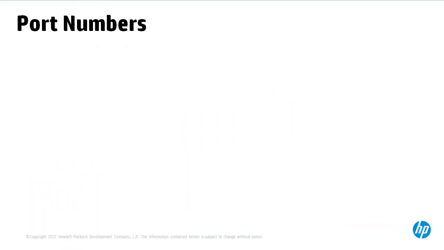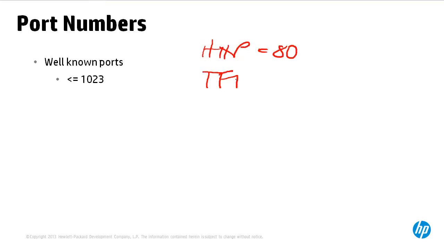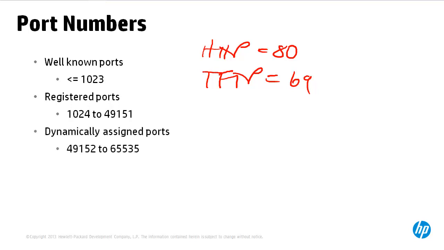There are 3 groupings of port numbers. Ports less than and equal to 1023 are well-known port numbers. Some well-known examples are HTTP being port 80, TFTP being port 69, and so forth and so on. Registered ports are on the range 1024 to 49151, and dynamically assigned ports are on the range 49152 to 65535.